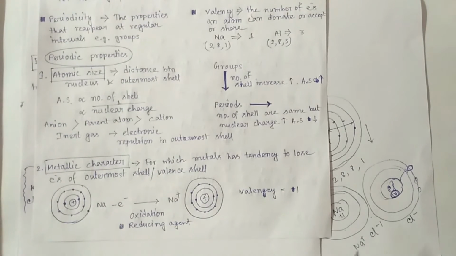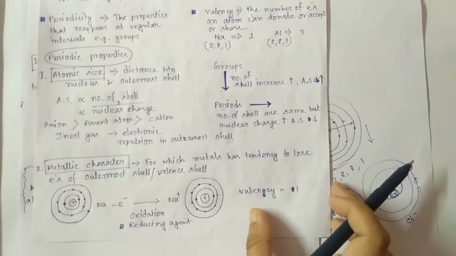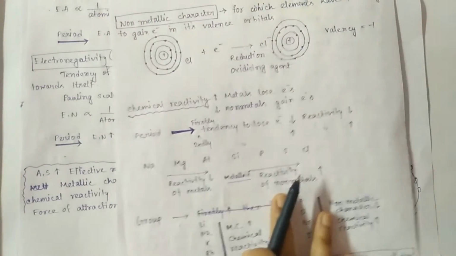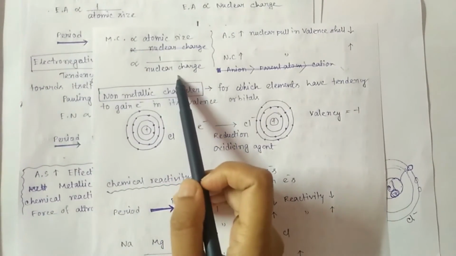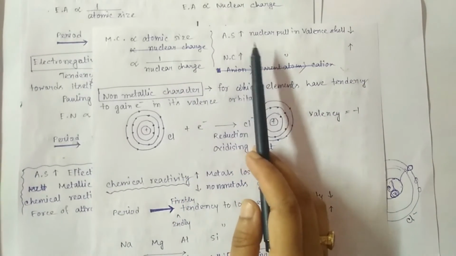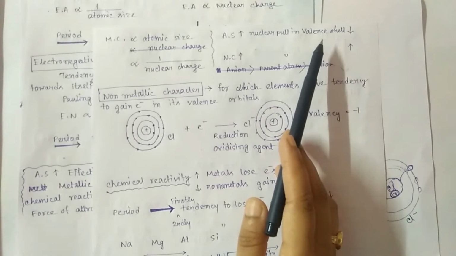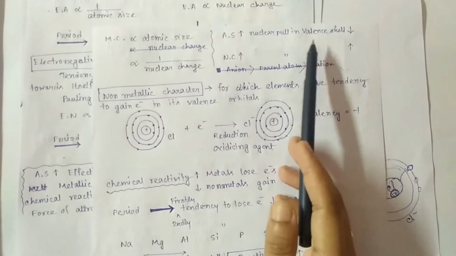So I have told you about metallic character, the tendency of metals to lose electrons of their outermost shell. Metallic character also depends on atomic size and nuclear charge. If we raise the atomic size, the nuclear pull on the valence shell will decrease. That is how the tendency of donating an electron will also increase.